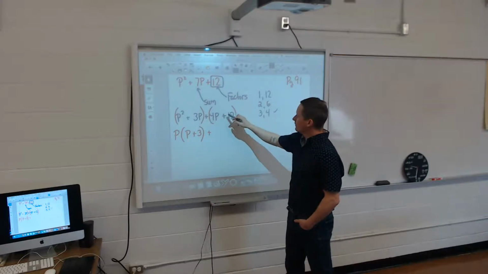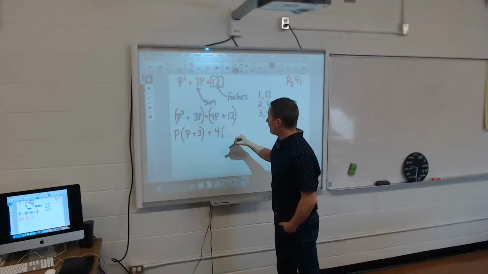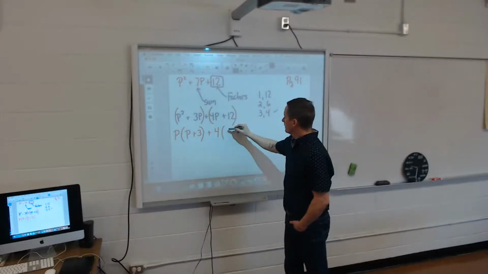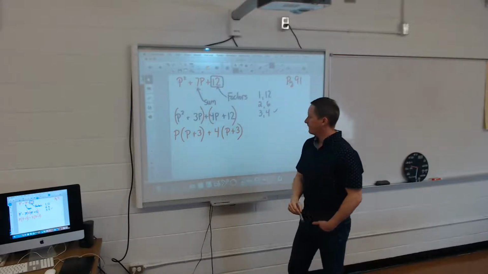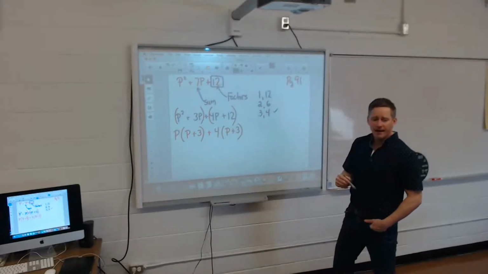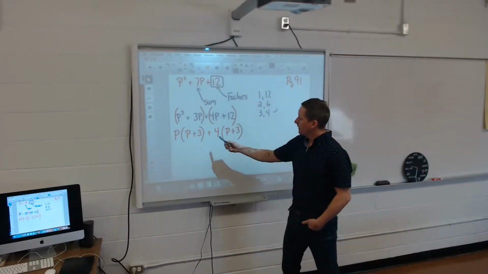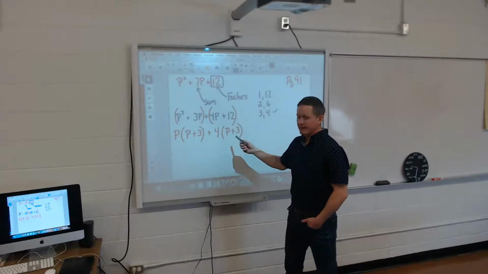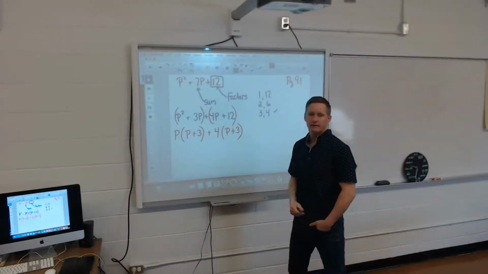Then I want to take out the greatest common factor between 4p and 12. That being a 4. That leaves me with p plus 3. Now, if I've done this correctly, this bracket and this bracket will give me exactly the same thing.